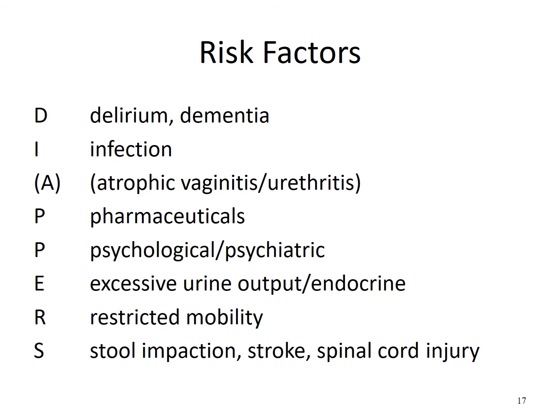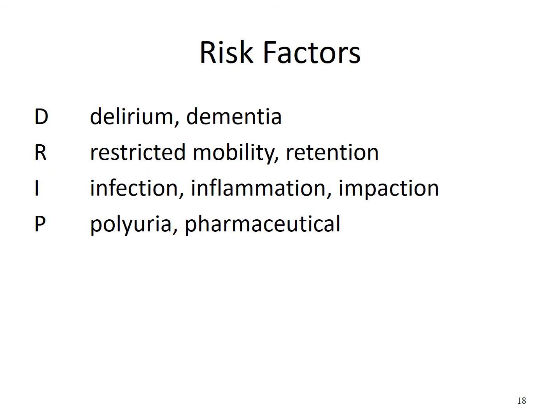So the newer guidelines are referring to dippers, but you may still see some examples in the literature for diapers. And a drip, another not very flattering, but another way to memorize the risk factors. I would never test you on these acronyms, but they're just available to you to help you maybe remember as a bit of a study cue.